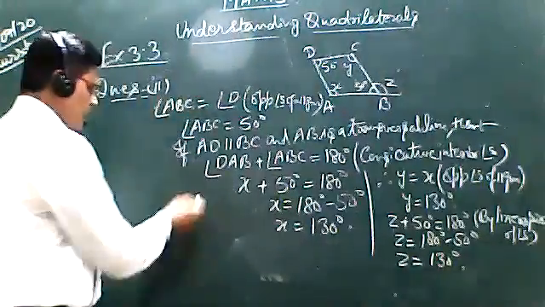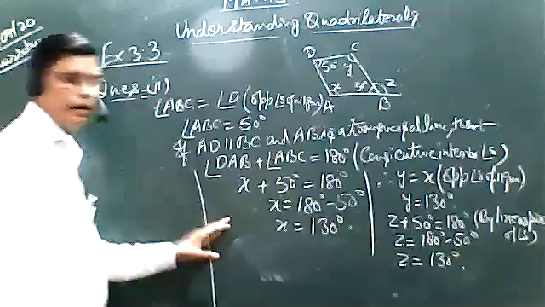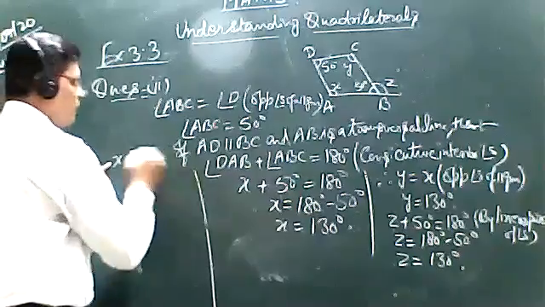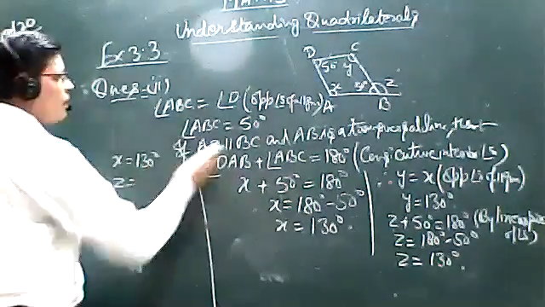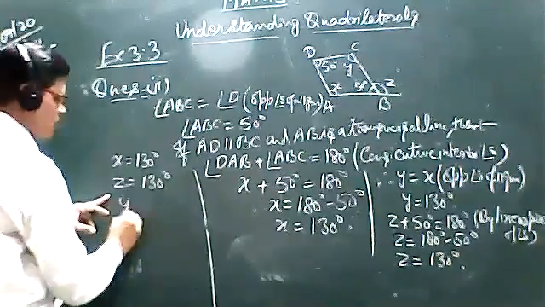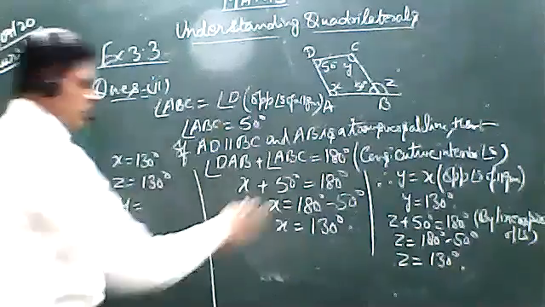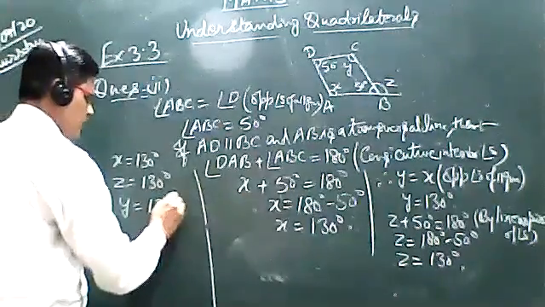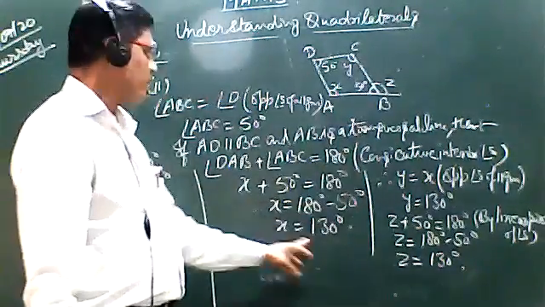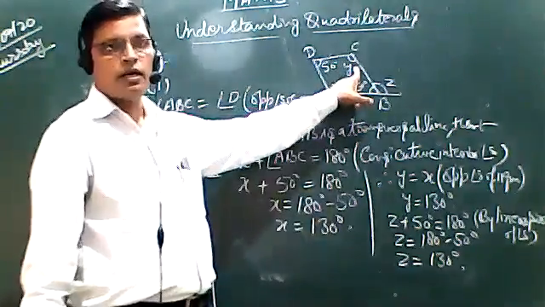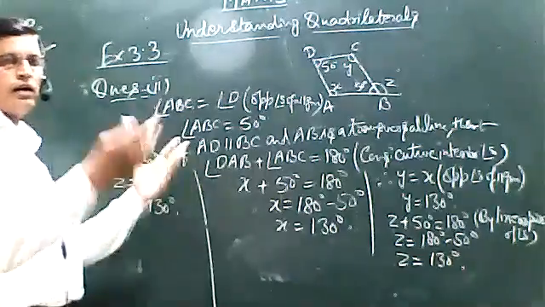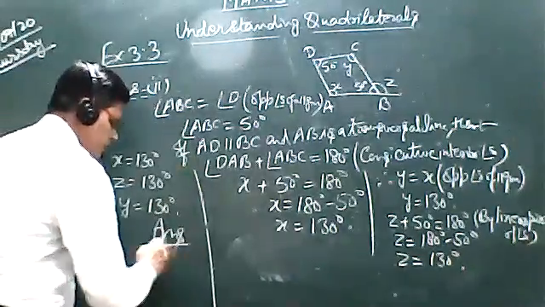So now at the end we write the unknown values: X is equal to 130, Z is equal to 130, and Y is also 130 degrees. X, Z, Y all are 130 degrees, and that is our answer.